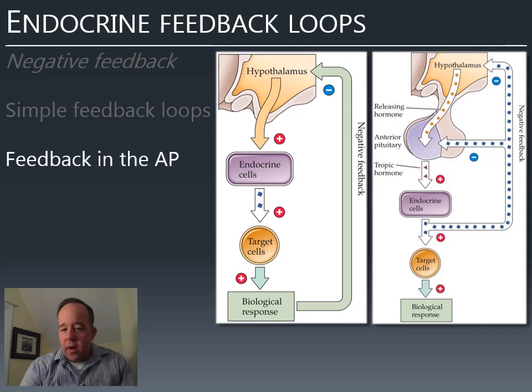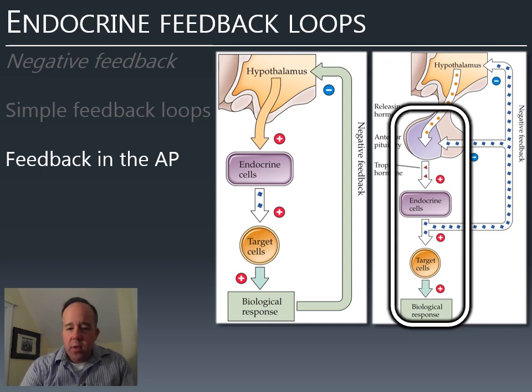With the anterior pituitary, it can get a little bit more complicated. We're sort of going to add an arm on that flow chart. The first few stages are very similar. You have the hypothalamus activating the anterior pituitary with a releasing hormone. The anterior pituitary activates other endocrine cells with a tropic hormone.